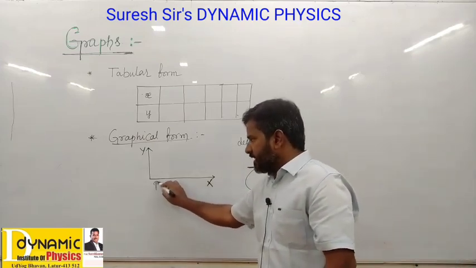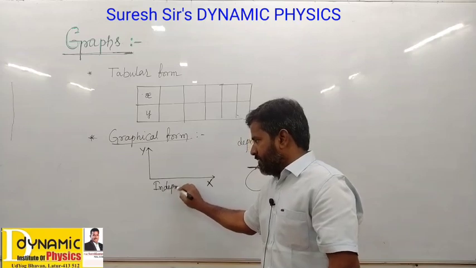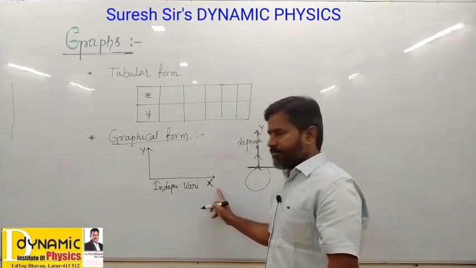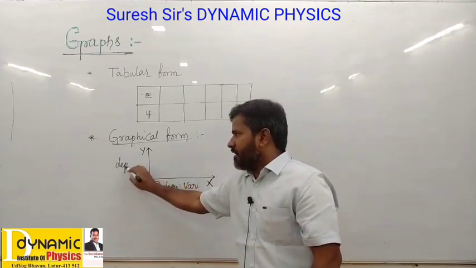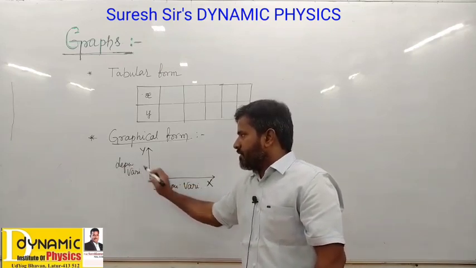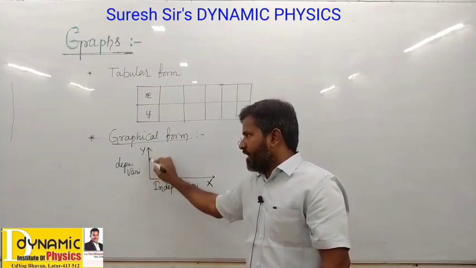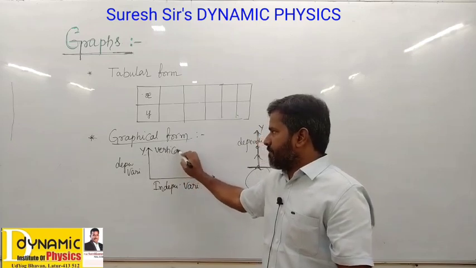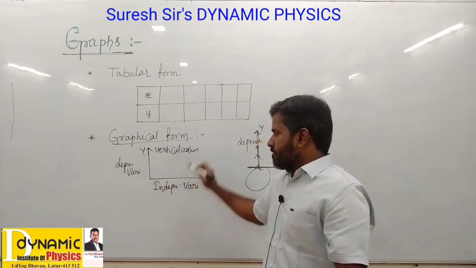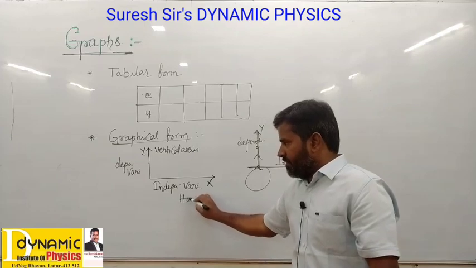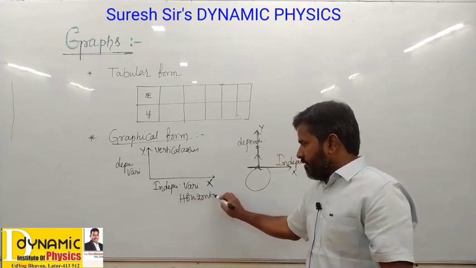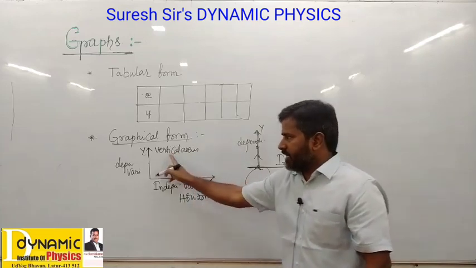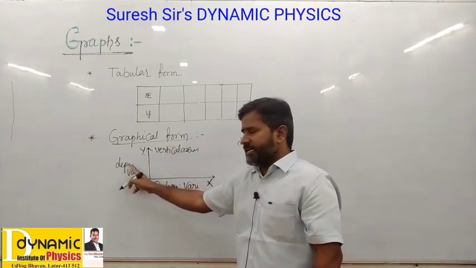Independent variables are taken on the independent axis, and dependent variables are taken on the dependent axis, the y-axis, which is the vertical axis. The horizontal axis is the independent axis and the vertical axis is the dependent axis.